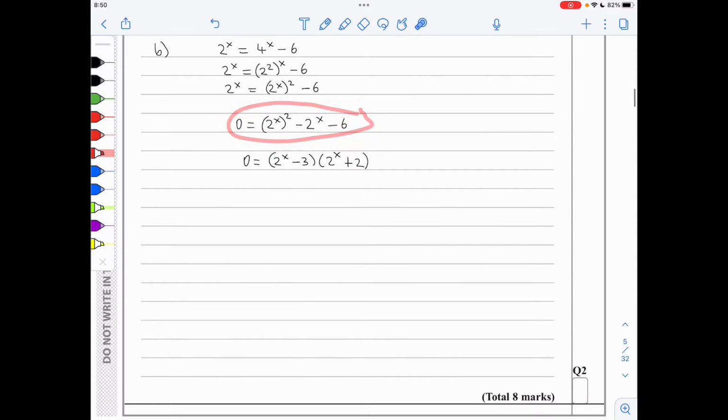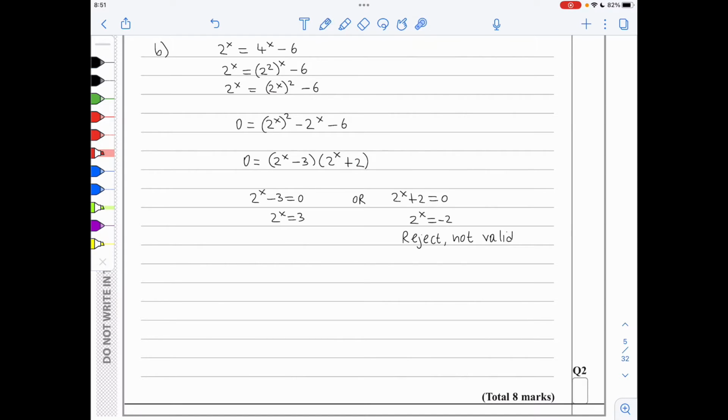So it's either the case that 2 to the x minus 3 is 0, which means that 2 to the x is 3, or 2 to the x plus 2 is 0, which means that 2 to the x is negative 2. This is rejected, it's not valid. You can never raise 2 to a power and get a negative answer.